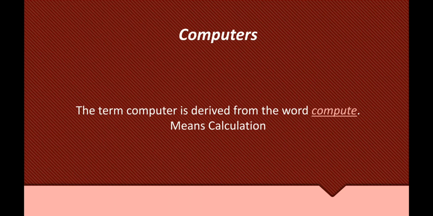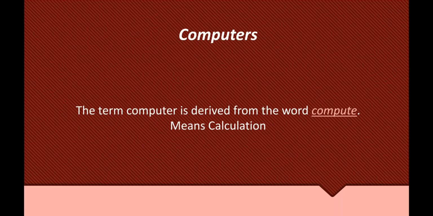So they have always thought of ways that would make things easy for them. If we have some problems, we can find the best solution to overcome those problems. So one of the problems encountered by men was counting the things.